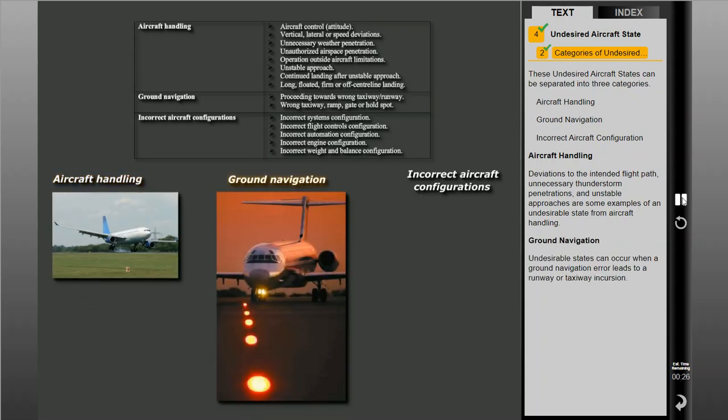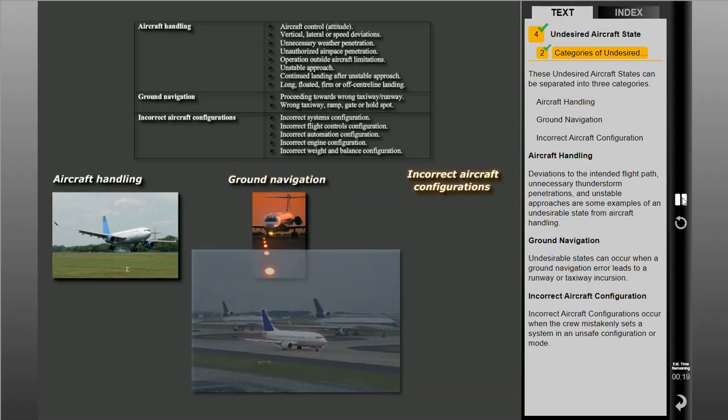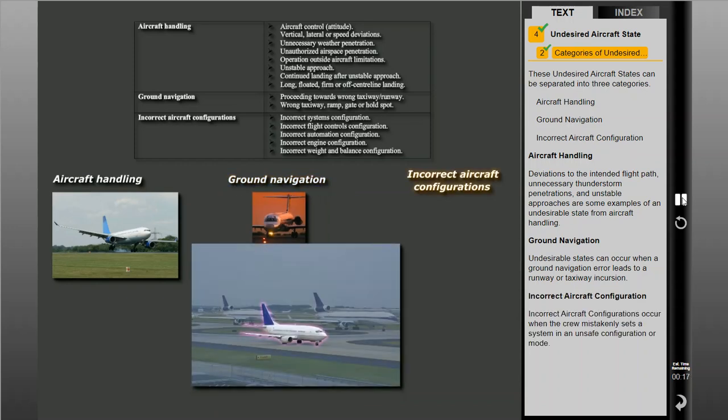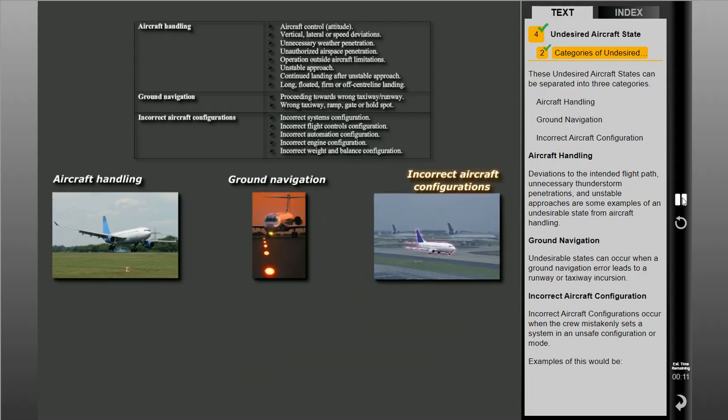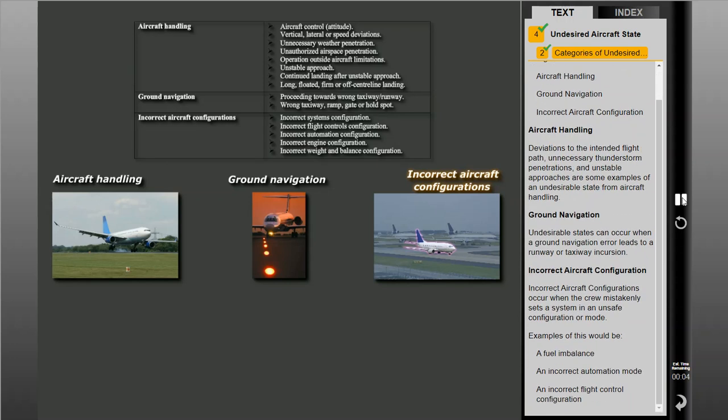Undesirable states can occur when a ground navigation error leads to a runway or taxiway incursion. Incorrect aircraft configurations occur when the crew mistakenly sets a system in an unsafe configuration or mode. Examples of this would be a fuel imbalance, an incorrect automation mode, or an incorrect flight control configuration.